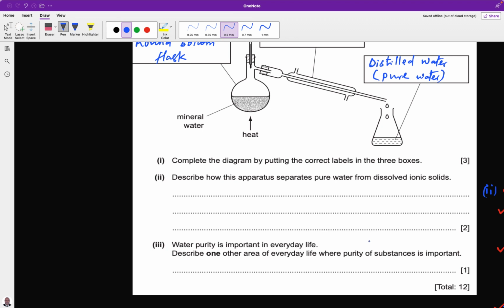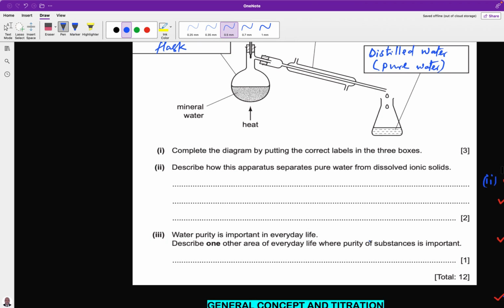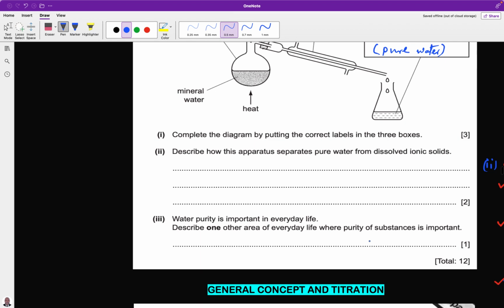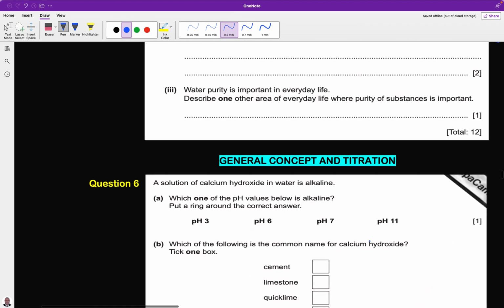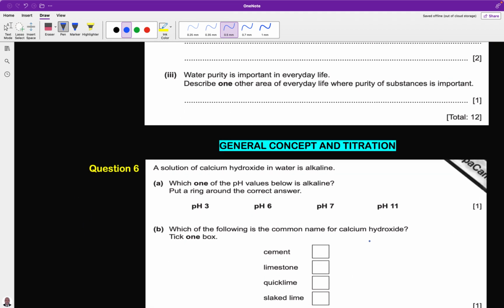Beside water purity, which other thing is important for purification in our everyday life? It should be noted that in our everyday life, there are a lot of purification that we need to undergo. We have to do drinking water purification.